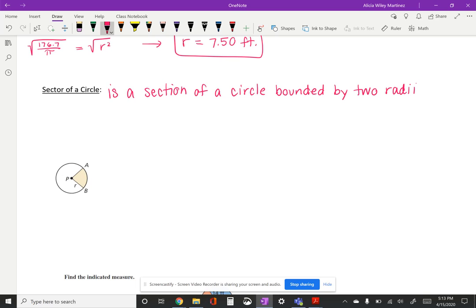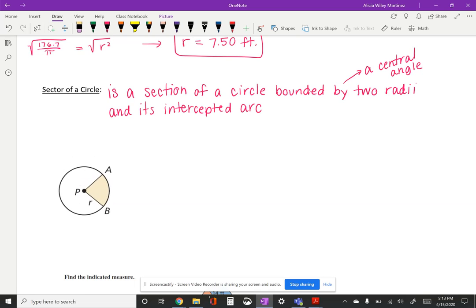Sometimes they like to say it's a circle bounded by a central angle. It's another way to think of it. But it is a section of the circle bounded or contained by two radii and its intercepted arc.